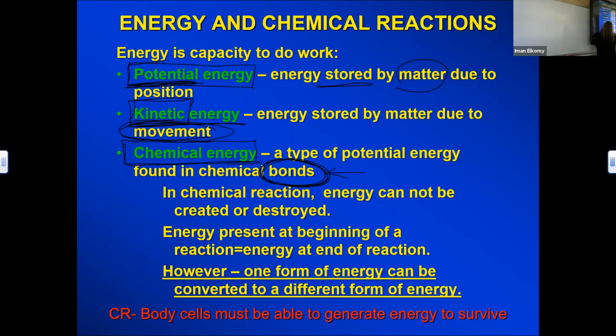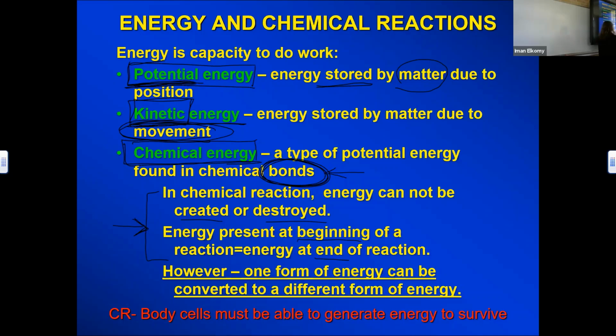This right here is a little confusing, but I want to explain it to you. It says that in a chemical reaction, energy cannot be created or destroyed. That makes sense, right? We just talked about reactions and how we get that energy. Whatever you have at the beginning is what you'll have at the end.